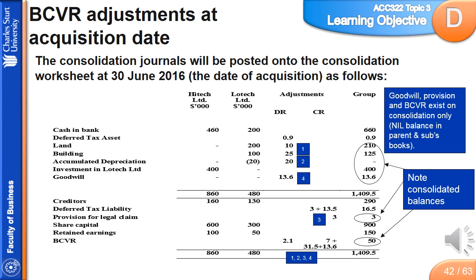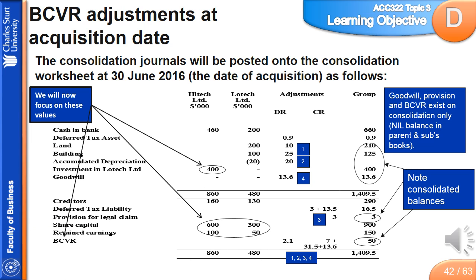We've got the investment still there, but we'll look at that when we do the pre-acquisition entry next, because that will go. Then we've got goodwill accounted for, which is a new account created via the consolidation process. Then on the credit side, we've got the deferred tax liability account created, and also the BCVR account.